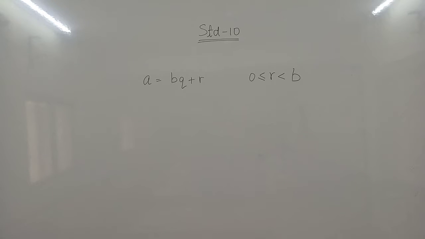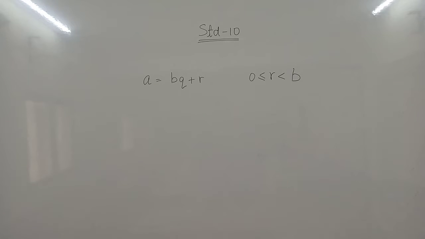You can write 2 into 3 into 2 into 2 into 3, whatever way, but the 2 occurs 3 times and 3 occurs 2 times. The practice is to write it in ascending order.